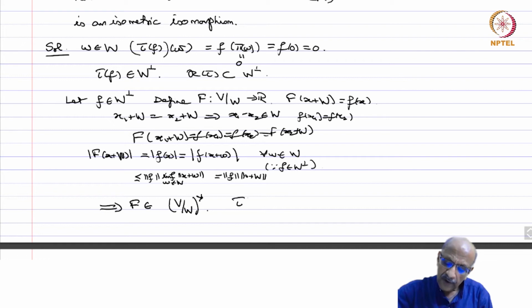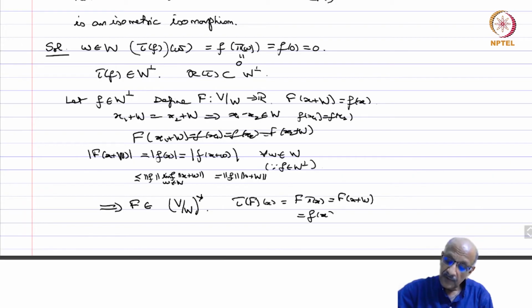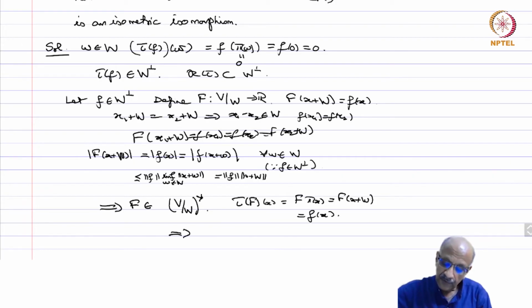And what is tau F at x? This is nothing but F of pi of x, that is equal to F of x plus W, and that is equal to f of x, and therefore tau F equals f. So this implies that tau is onto as well.